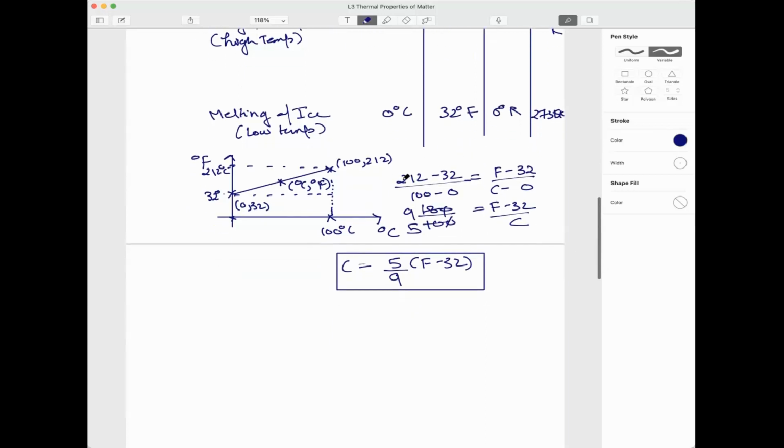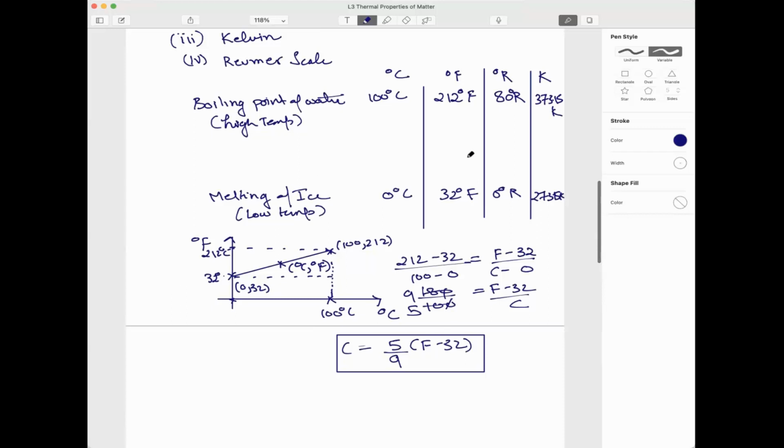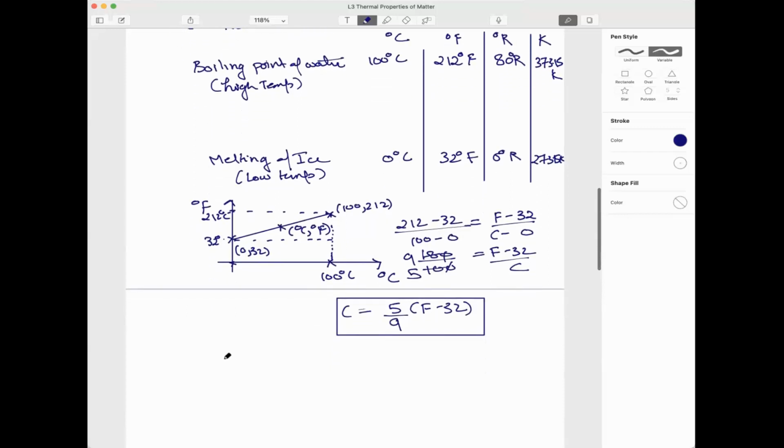So similarly, let's say 212 is for Fahrenheit. Now instead of Fahrenheit, you have this Roman scale and you want to convert it to degree centigrade. So boiling point of water minus freezing point of water in Roman is 80 minus 0, divided by 100 minus 0, is equal to R minus 0 divided by C minus 0.